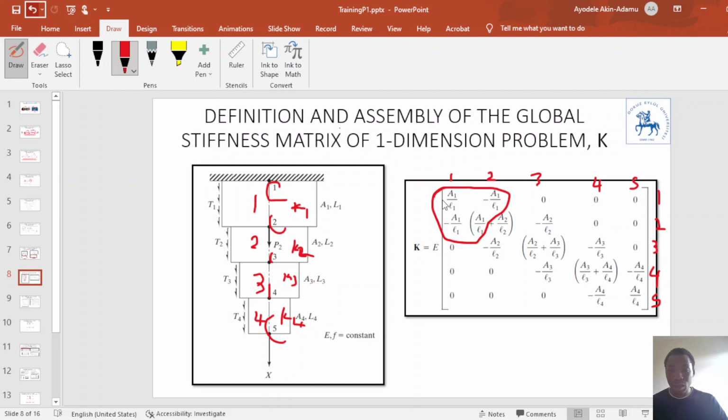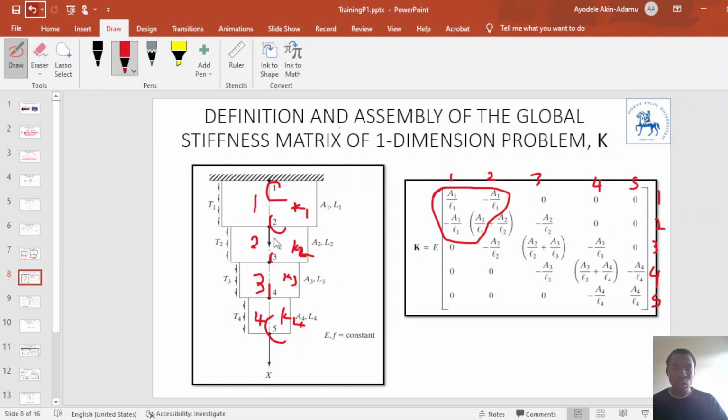What I circled here is the value of K1. And you can see that K1 is added at positions 1 and 2 of the global stiffness matrix. Why it is added here is because element 1 is between node 1 and node 2.